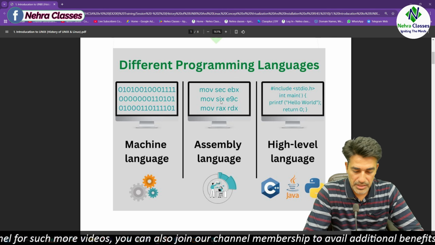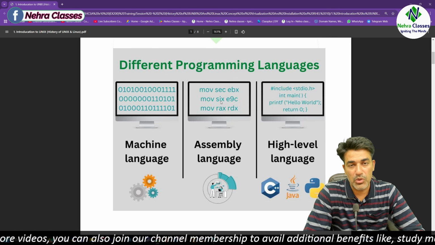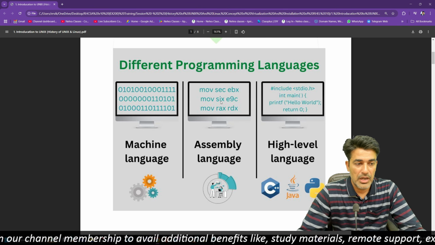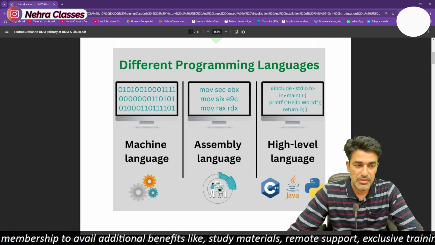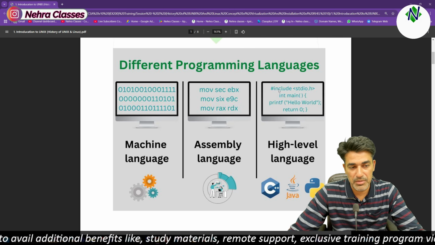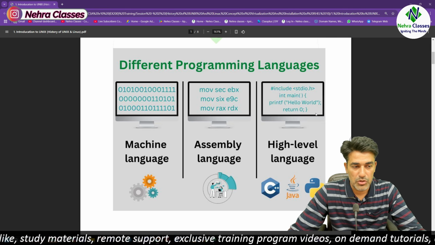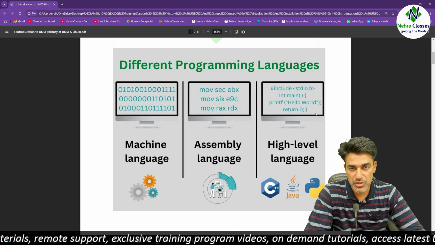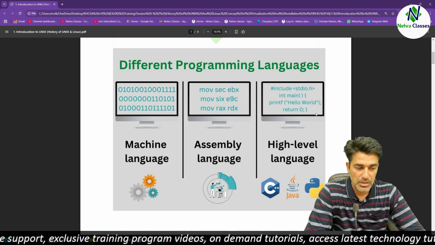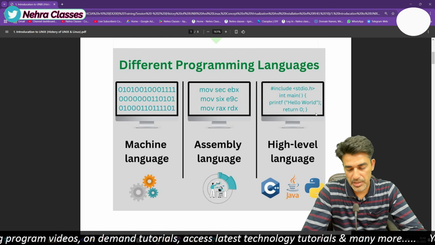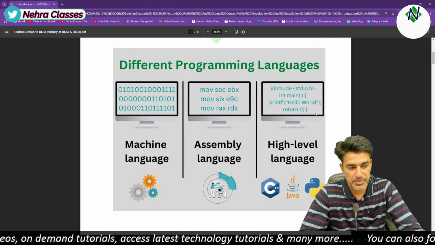It is readable to human but not completely readable as the high level language. And in the high level language, you can see that it is completely readable to the human but not for the machines. So machine requires high level language to be converted into machine level language, and we use interpreters, assemblers for that purpose.